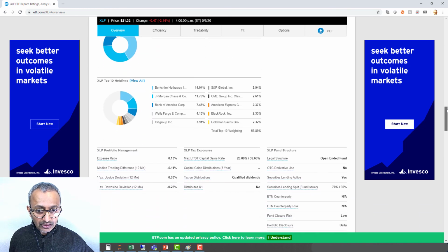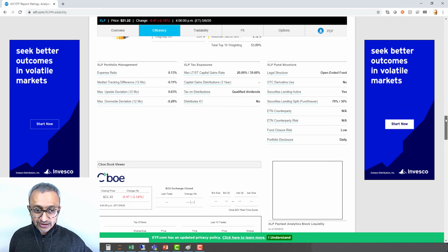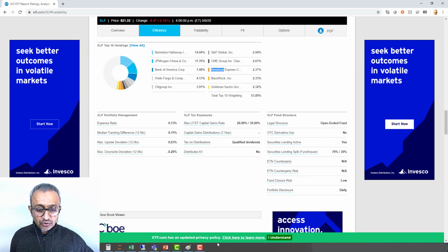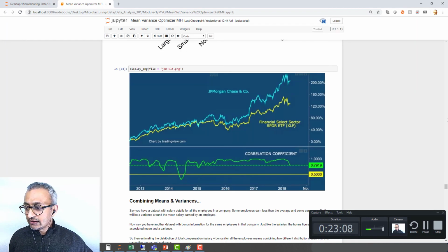Look at the top 10 holdings: Berkshire Hathaway, JP Morgan, Bank of America, Wells Fargo, Citigroup, I assume this is Chicago Mercantile Exchange, American Express, BlackRock, Goldman Sachs, and so on. You can look at all the holdings. It probably has a couple of hundred holdings, or at least 100. I'm not quite sure what the exact size is. So that's a little bit of correlation, statistical significance, and the rest of the good stuff. We'll move on.